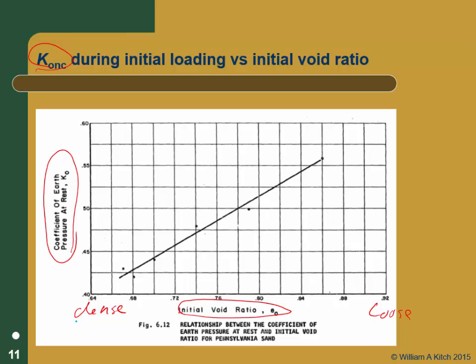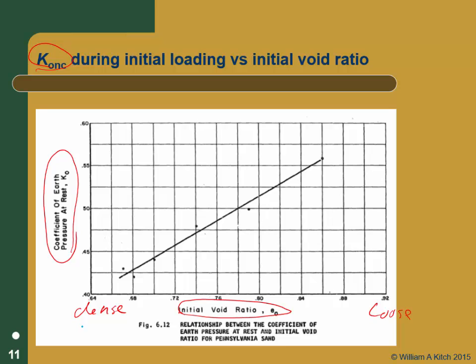So let's try that again. We have dense on the left, low void ratios on the left, high void ratios on the right, dense on the left, loose on the right. So as the soil gets denser, K naught goes down. This is what I said, I think. Right? What about strength? Where's the soil stronger, on the left or the right? All right.